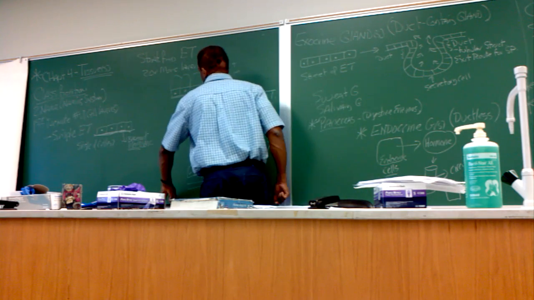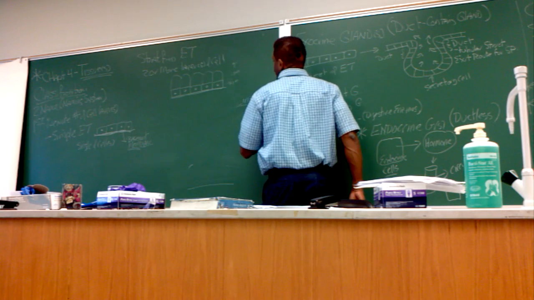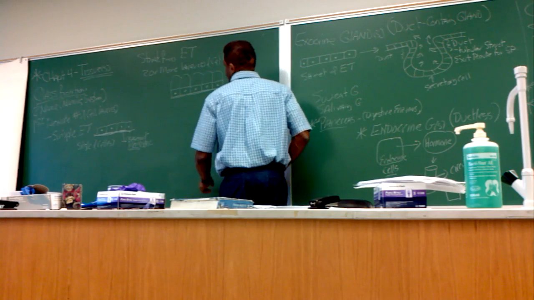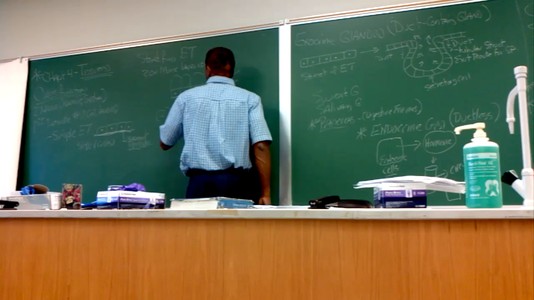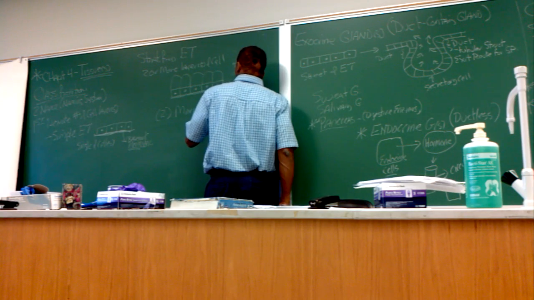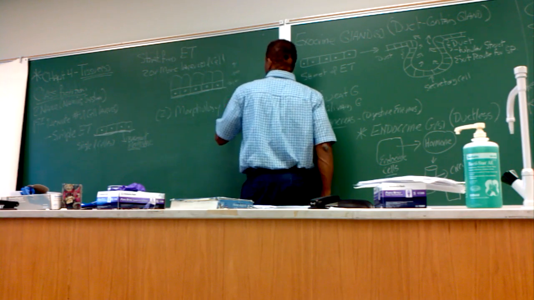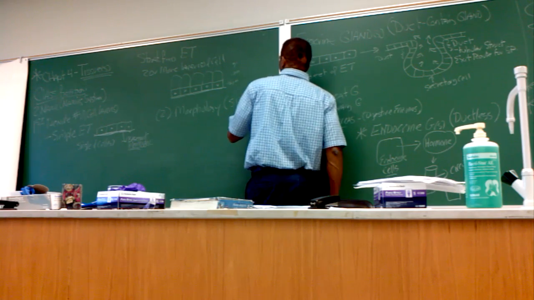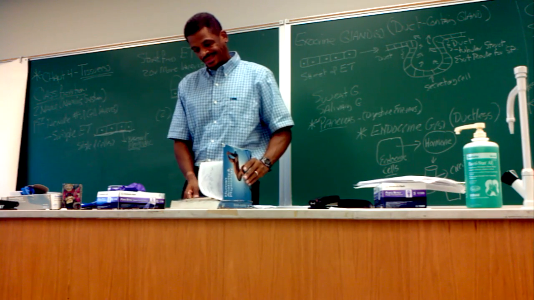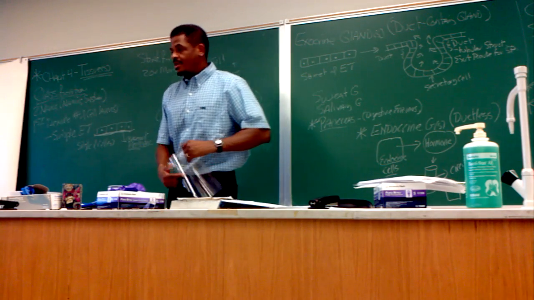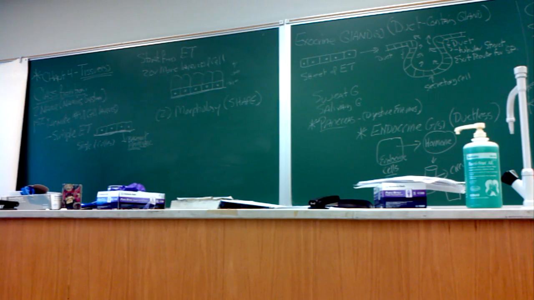The second name of the epithelial tissue refers to the morphology or shape of the cell. And as we take a look at the basic epithelial tissue, it is characterized by three basic shapes.